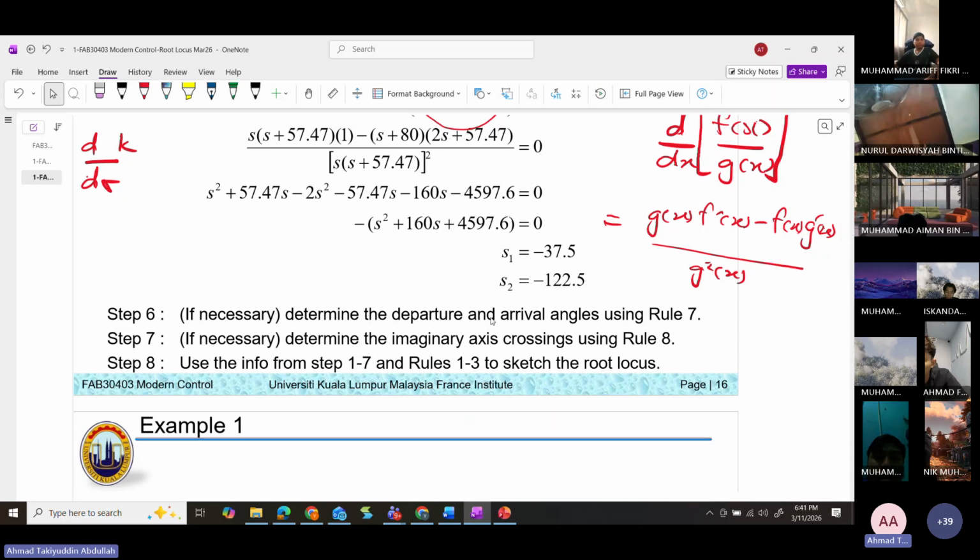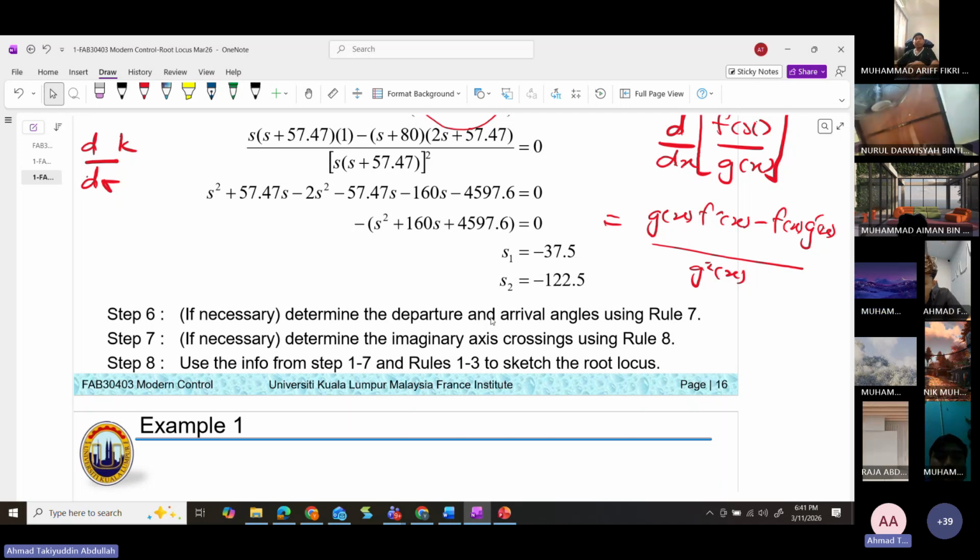We are possibly going to have both departure and arrival angles for our plot. We probably going to have just either one, and we probably don't even have any of these departure and arrival angles. That will be the next step.